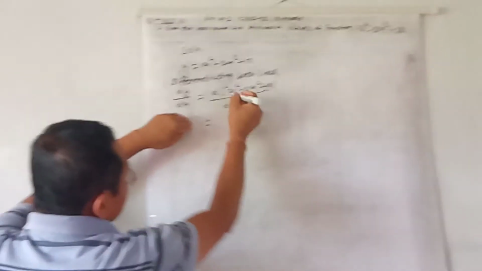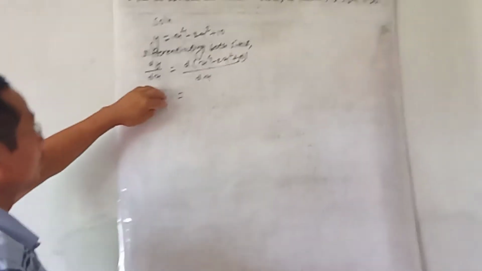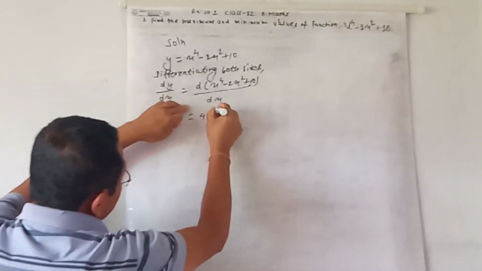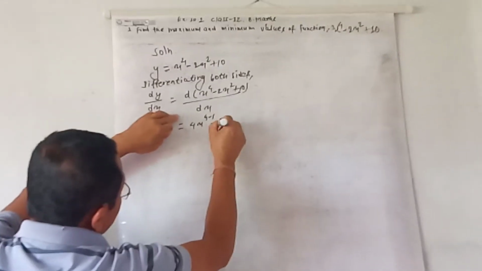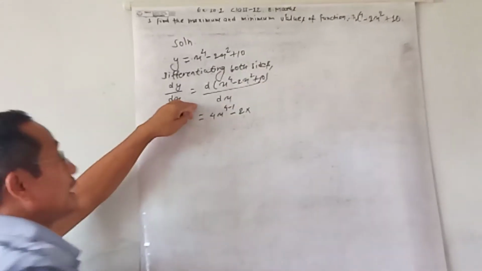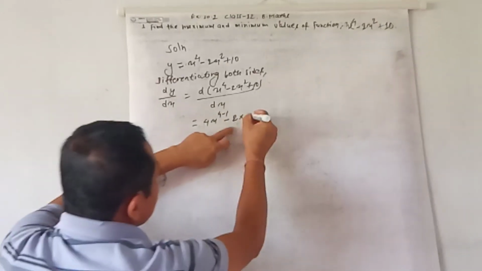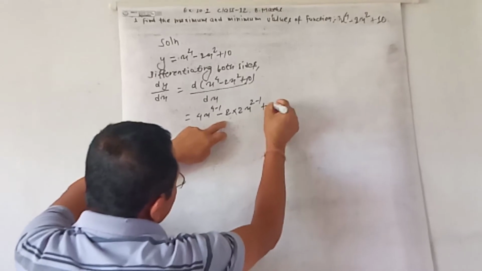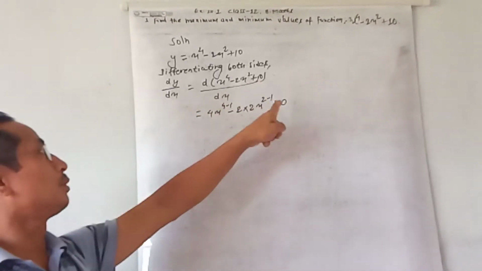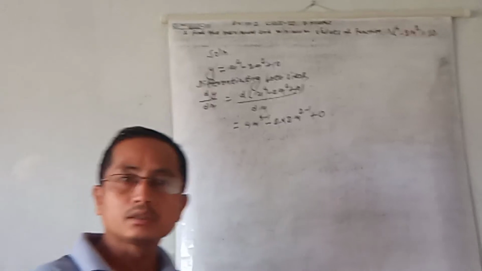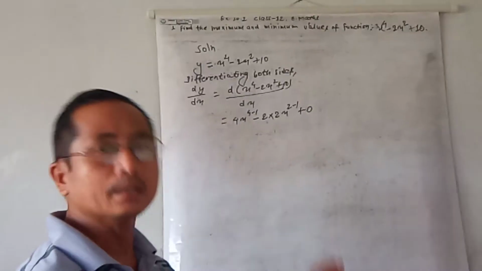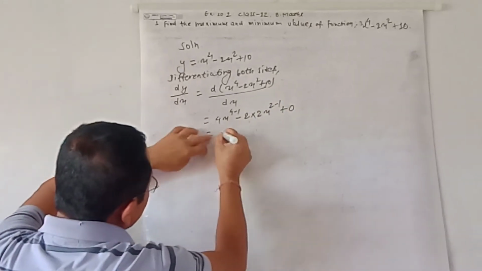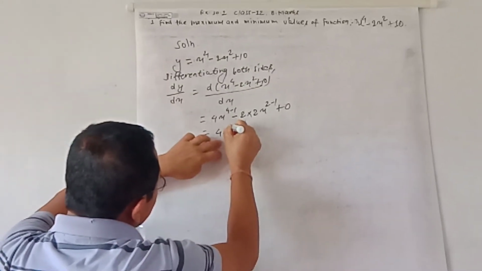So the derivative of x power 4, we have to use the power rule: 4 into x power 4 minus 1, minus 2 times the derivative of x square, which is 2 x power 2 minus 1, plus 0. The derivative of 10 is 0, because the derivative of a constant number is 0.